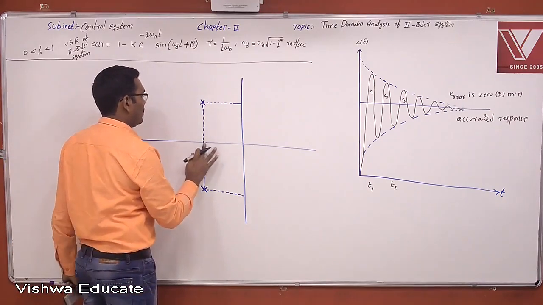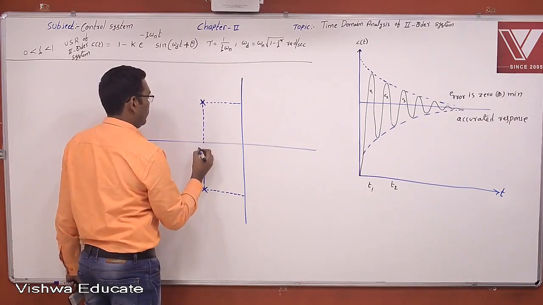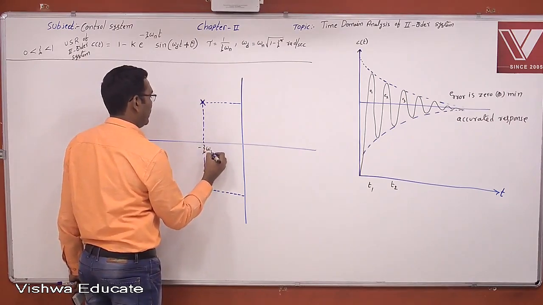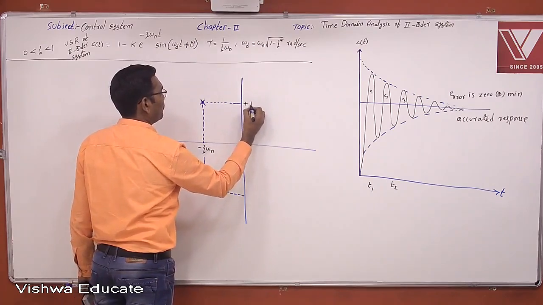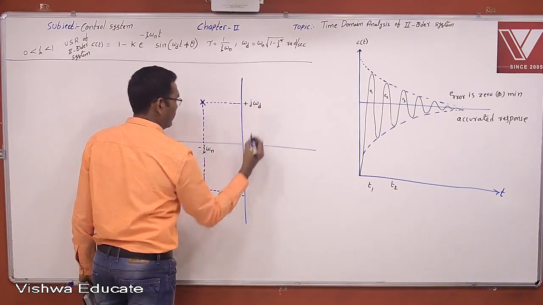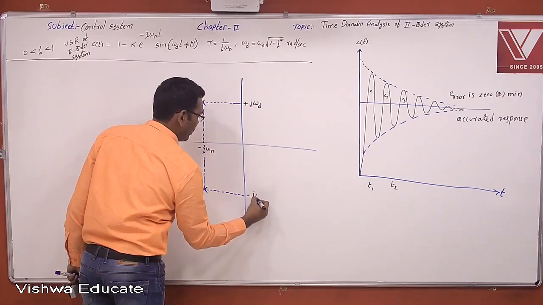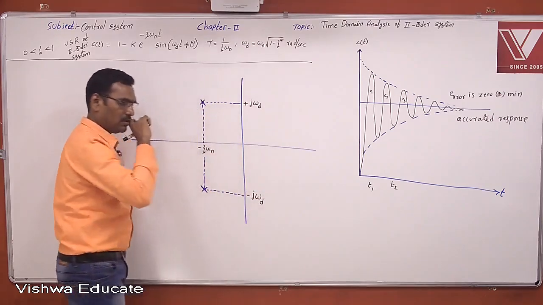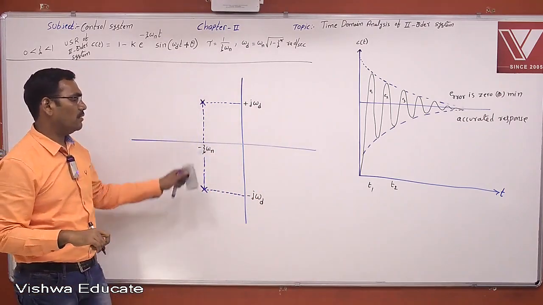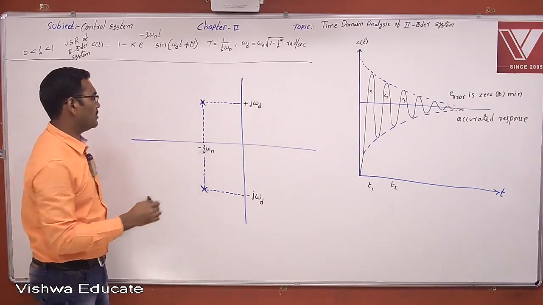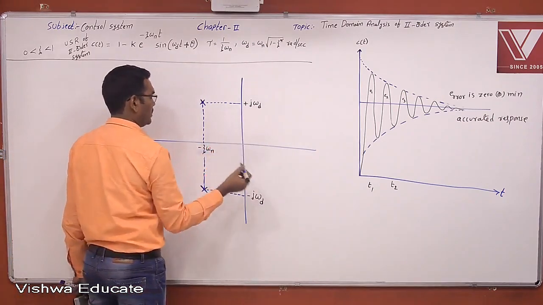Now this is nothing but minus zeta omega n plus j omega d, and this is minus j omega d. This is the complex conjugate poles location, which is left hand side.